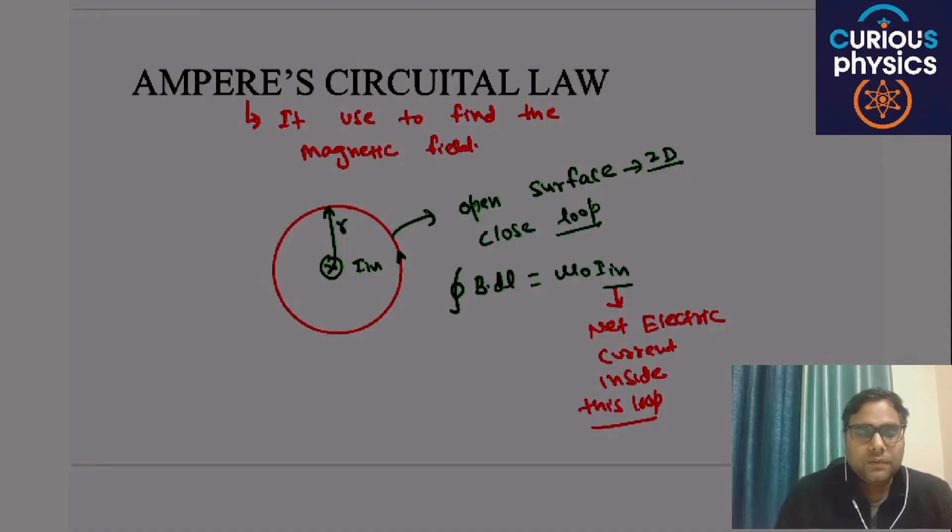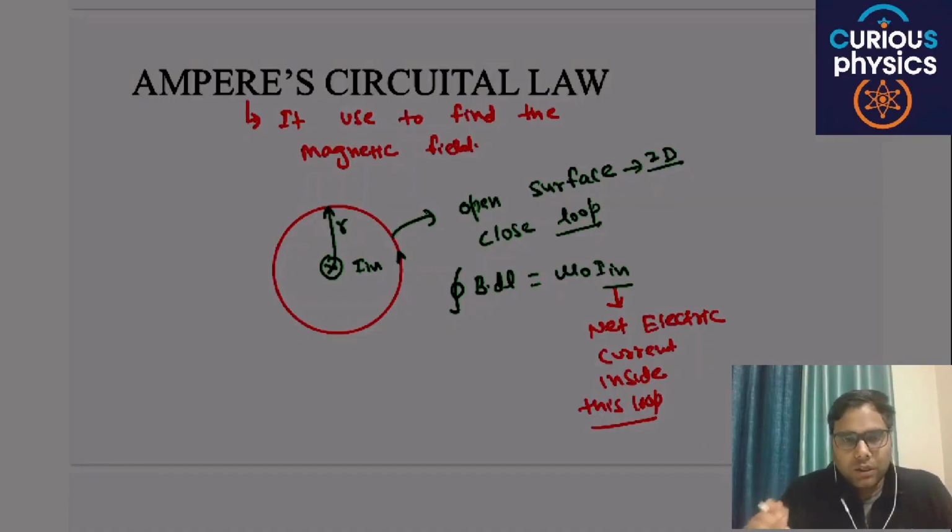This will make things easy for you, to find the magnetic field at a particular distance. This Ampere circuital law can be used in every situation, but in complex situations it cannot be easily used.